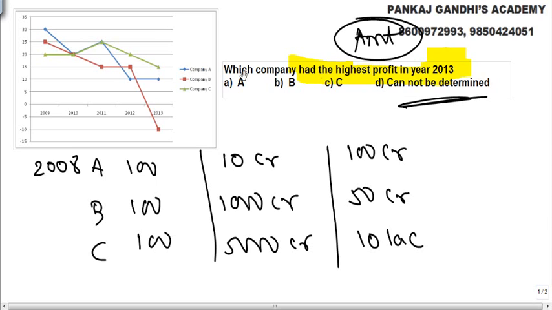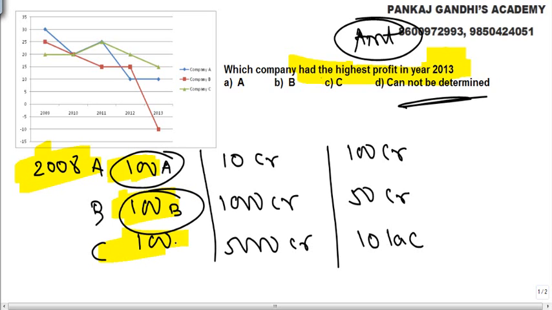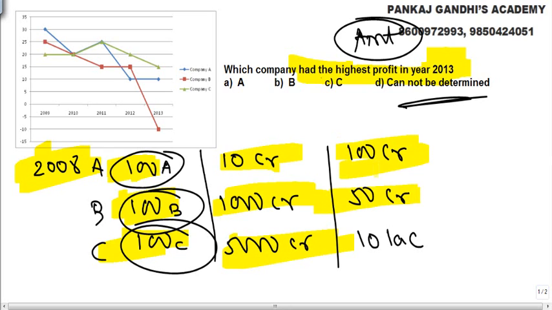Look, all these values are with respect to the previous year. Everything depends on how much each had in 2008. Say 100A, 100B, 100C, but what was this value? Who started with what? Whether all three were equal or less. Look, if the starting is like this, C will be highest. If the starting is like this, A will be highest.